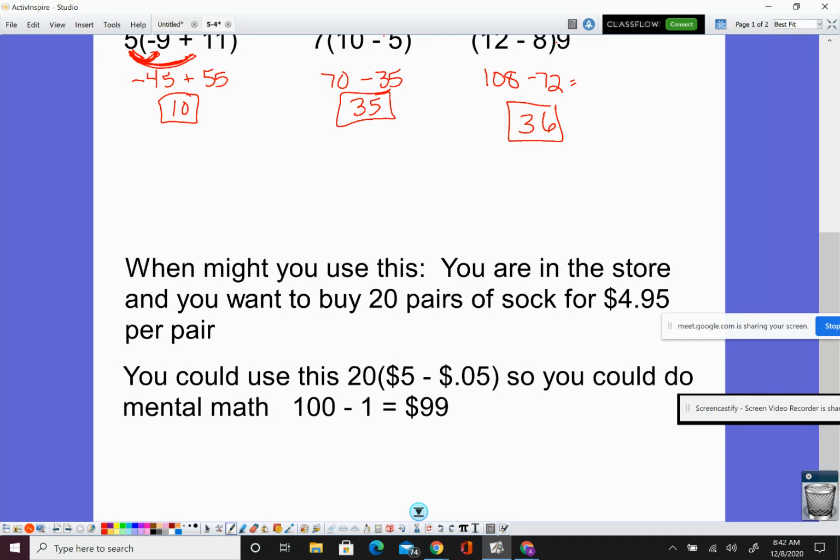And you say, it's going to be around $100. Well, yeah, it's going to be around $100, but it's going to be exactly $99 because that 5 cents you're away from the $5, the 5 cents times 20 is going to be $1. So 100 minus 1 is 99.